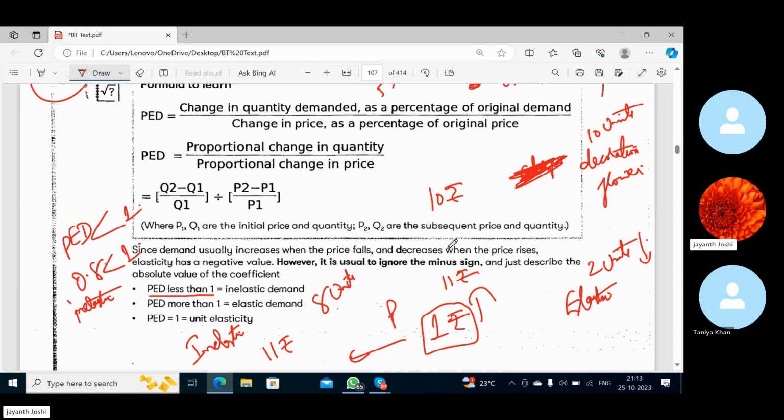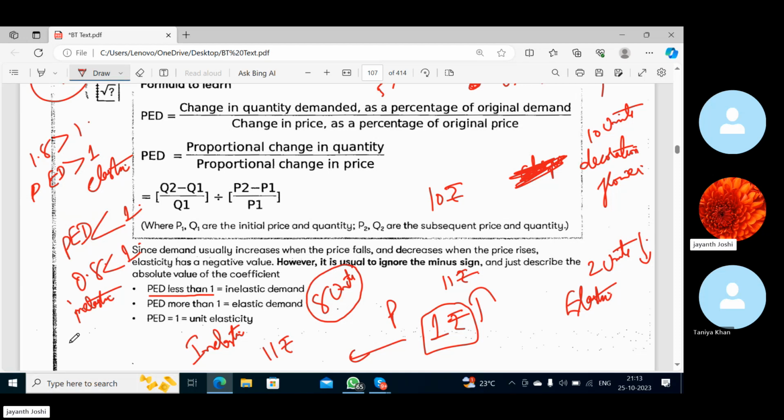Here you can see, from 10 units I'm just buying 8 units, so very little change. If the price elasticity of demand is more than 1, it shows very high change, so elastic. That means 1.8, more than 1, elastic.